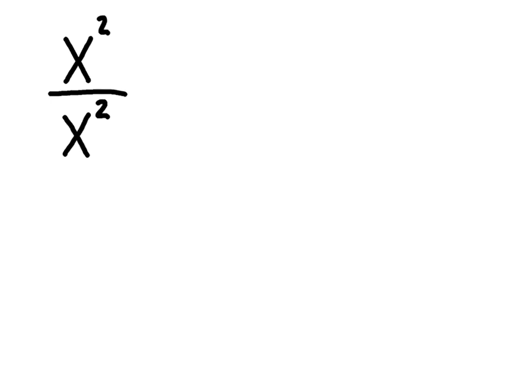Let's check out this example. Again, quotient of powers tells me that I should be subtracting these two exponents. So I should be going x to the 2 minus 2. But that leaves me with x to the 0. What does that mean?